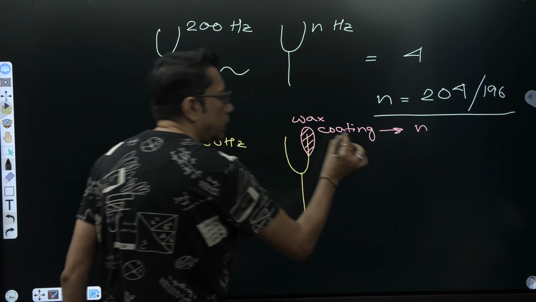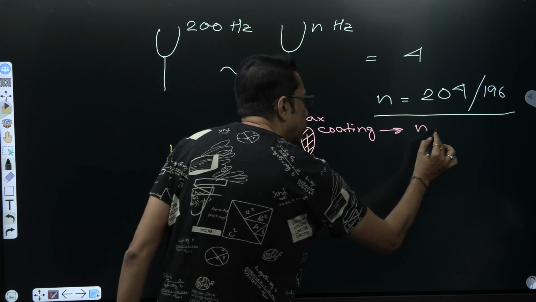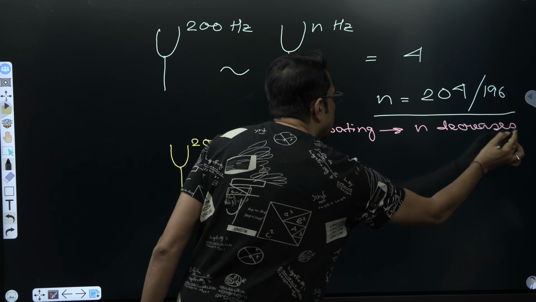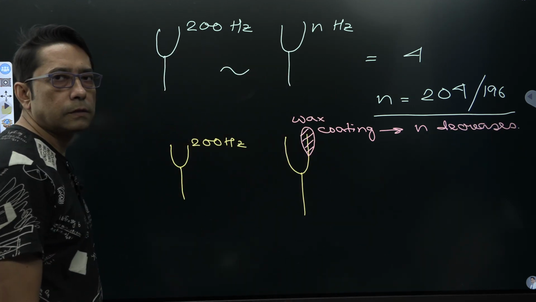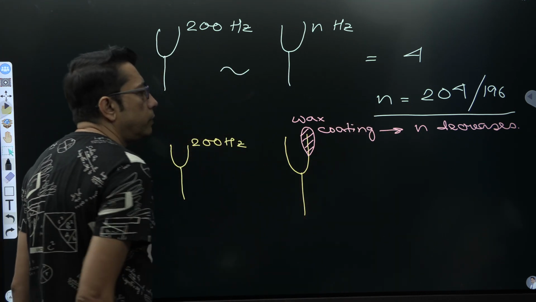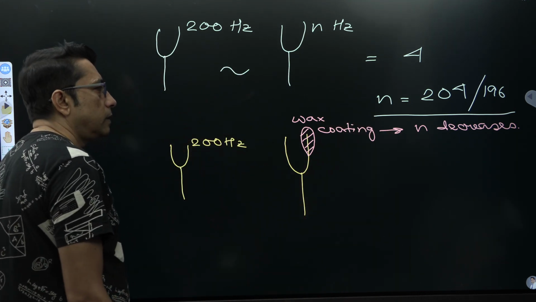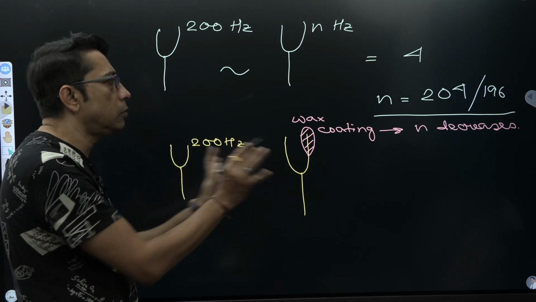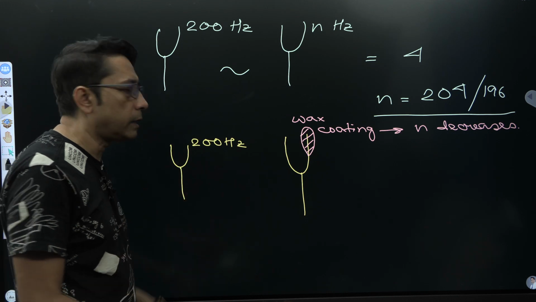So if you give wax coating to this fork, its frequency decreases. We can understand this. Frequency decreases. So if its frequency decreases, then it is no longer n. Change होके कुछ तो बन गया है, but it is not n at least.